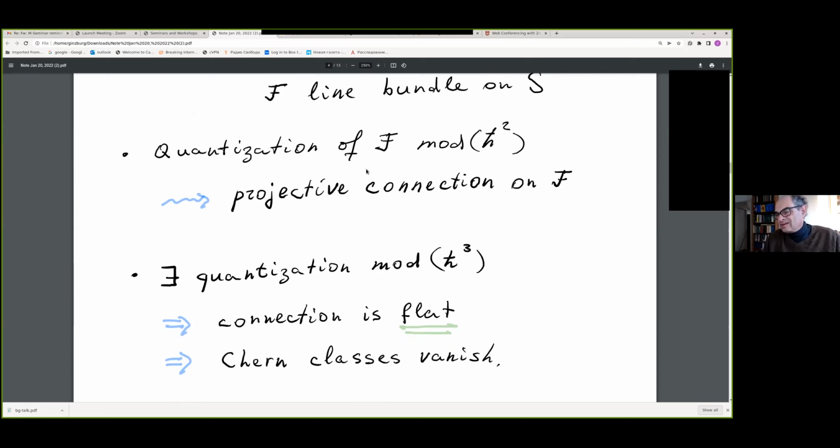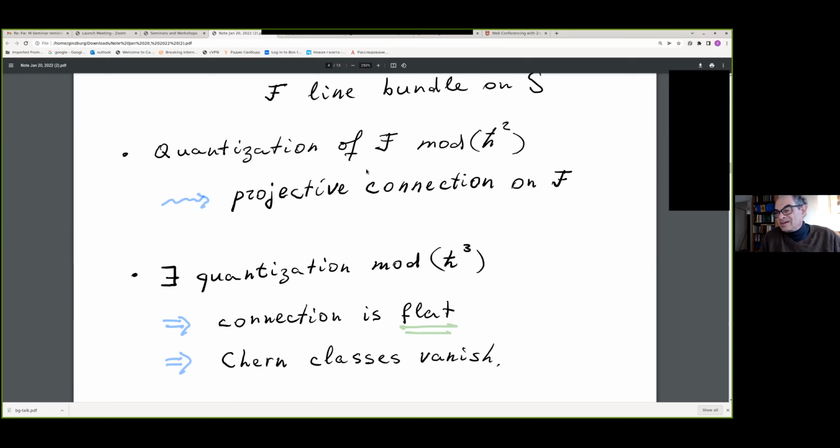And formally, when I go to formal power series, this is my formal deformation. Then one can look at what you need from the classical coherent sheaf F in order to be able to deform it to first order. And it turns out that the data is essentially a connection on this line bundle.